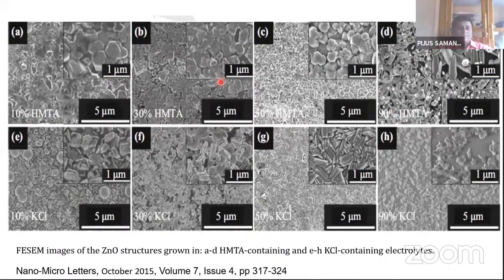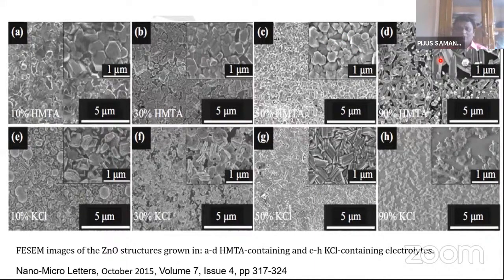So here we see, by varying the precursor surfactant concentration, we can also modulate the structure. Here you see disc-like structures are formed. Now you can see some 3D dumbbell-like structures, rod-like structures have been constructed.